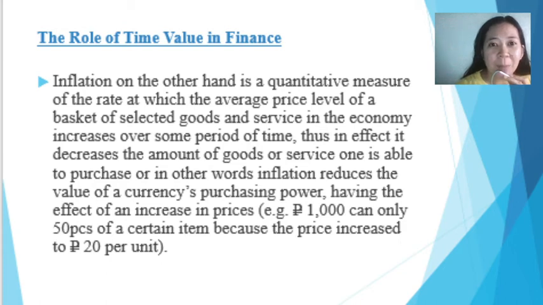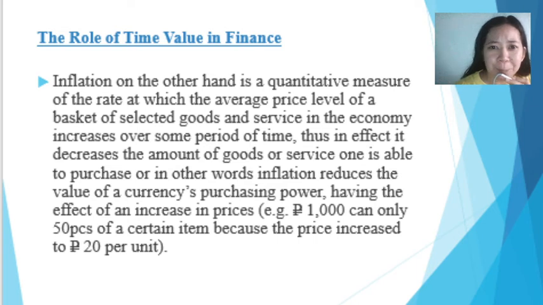So inflation simply means the state of the economy in which the prices of commodities, goods and services have risen, or the selling price has increased. If this is the case, what will happen to the purchasing power? Consumers can buy less because the prices have gone higher. That is the state of inflation in the market.